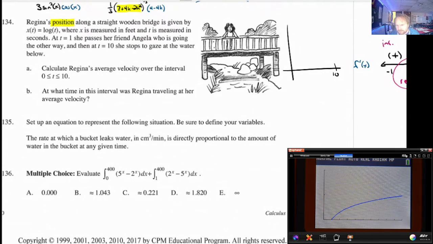Yeah, it looks something like that. It's worth noting that she doesn't actually start moving until t equals 1. So it looks something like this.